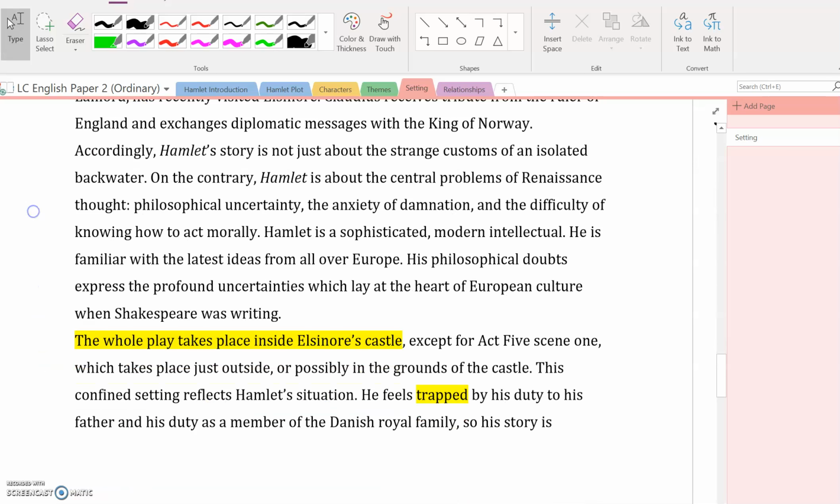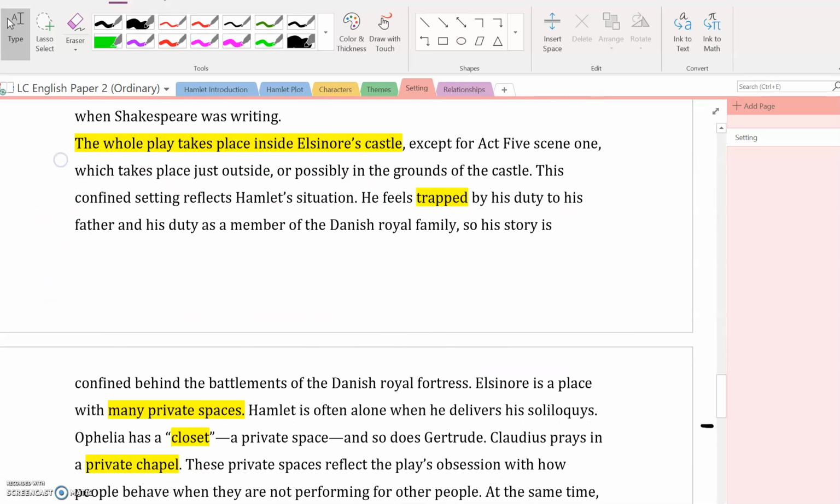I'm going to skip to this last page because it's probably the most important, most relevant for your Leaving Cert. The whole play takes place inside Elsinore, every bit of it, and that's unusual for a Shakespeare play. I can't think of any other play that Shakespeare wrote, definitely not any of the tragedies, in which the entire play is set in one single location.